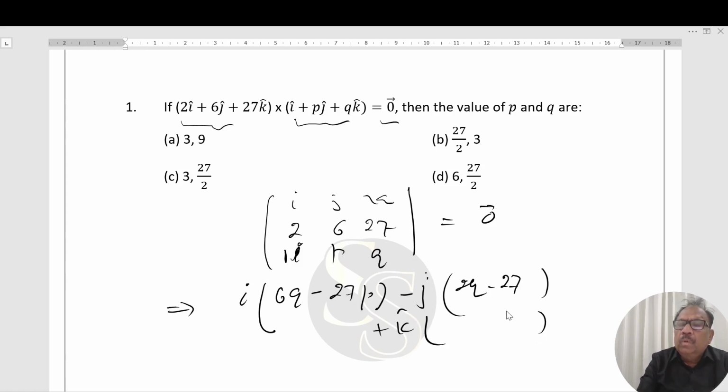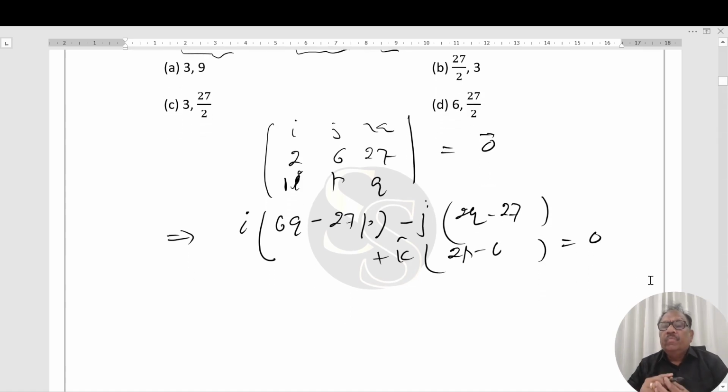This comes out to be 2P minus 6 equal to 0, a null vector, right? On simplification, independently P is here, independently Q is there.